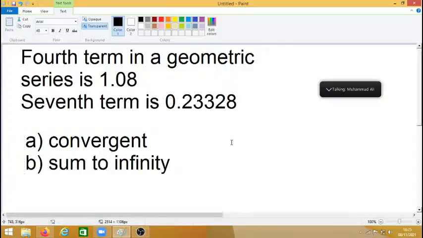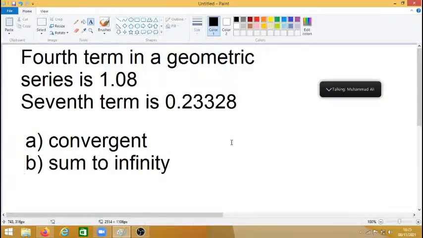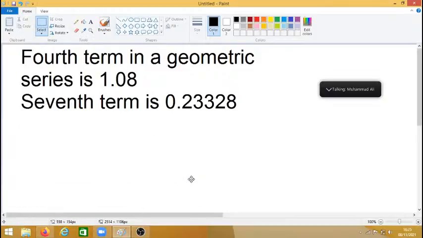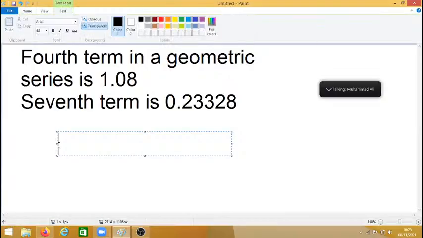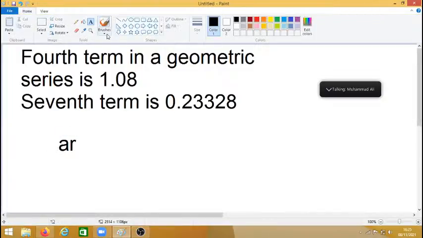Convergent just means that the ratio is less than 1, so that the numbers are going to get smaller and smaller. So let's work out the ratio first, because we're going to need that anyway to get the sum to infinity. The general formula for the nth term is a times r to the power n minus 1. That will tell you the general formula for any number in the sequence.